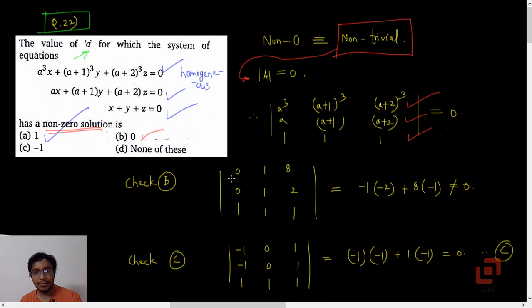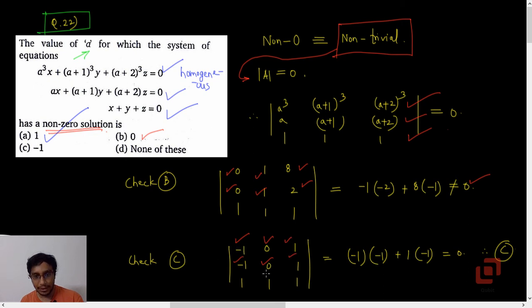So 0, 0, 1, 1, 8, 2. Minus 1 into minus 2 plus 8 into minus 1. Definitely not 0, so B is not right. Then I went to C. So minus 1, 0, 0, 1, 1.